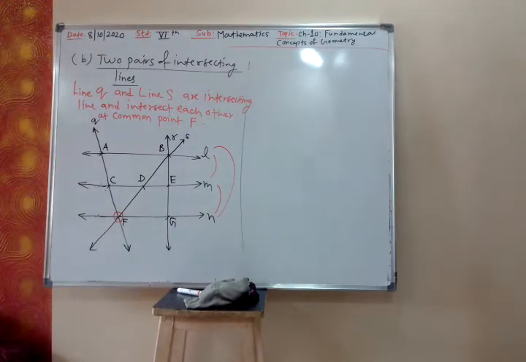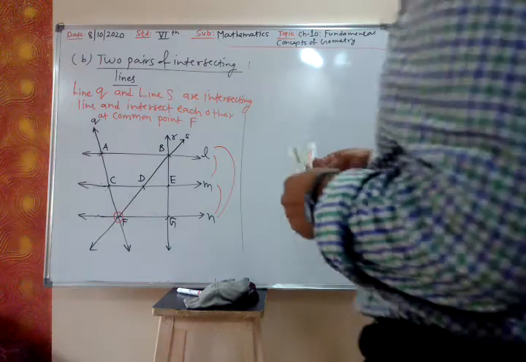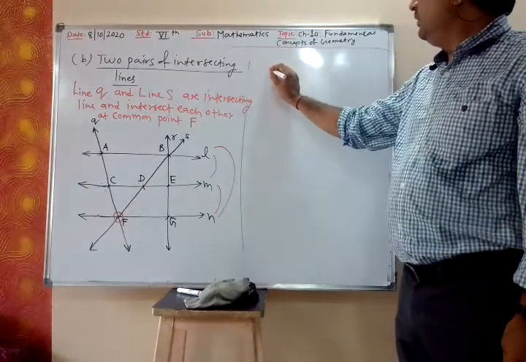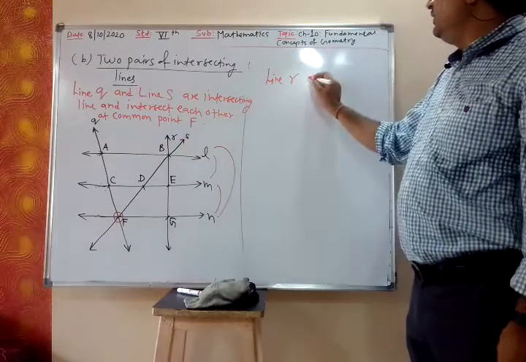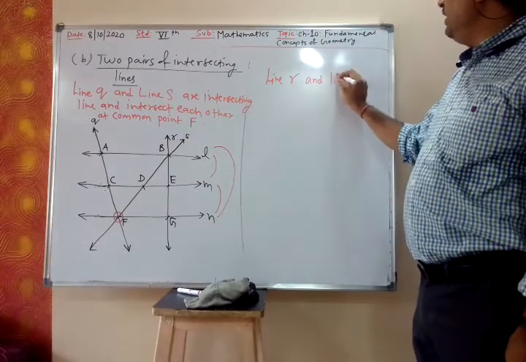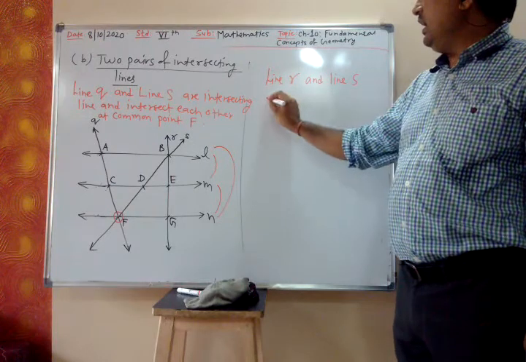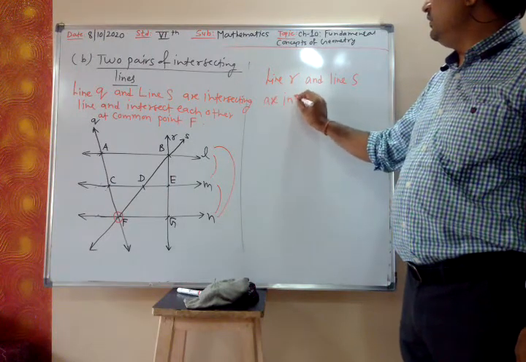Second pair, line R and line S. Line R and line S are intersecting lines.